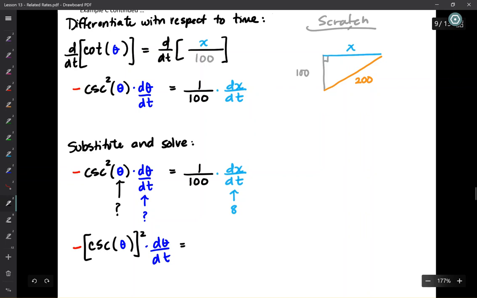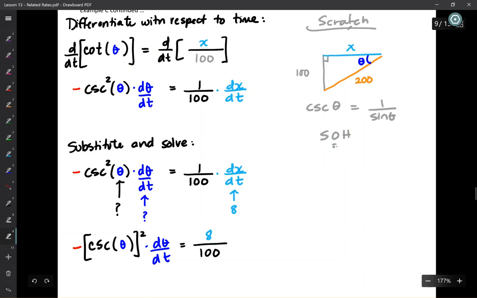Let's go ahead and do 8 over 100. So cosecant is the reciprocal of sine. Let's get theta on there. Sine is opposite over hypotenuse, so cosecant is going to be hypotenuse over opposite.